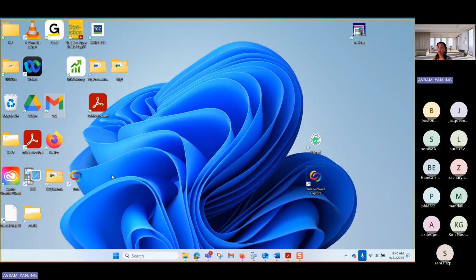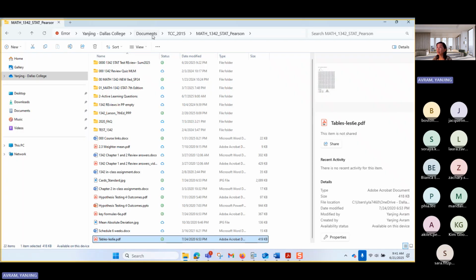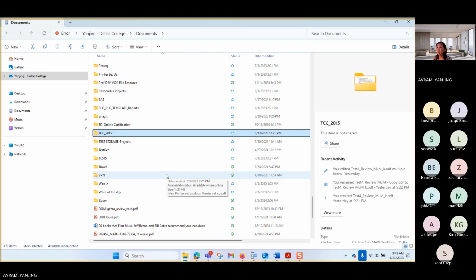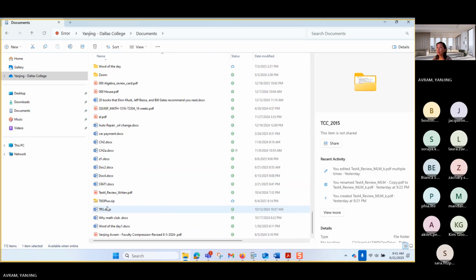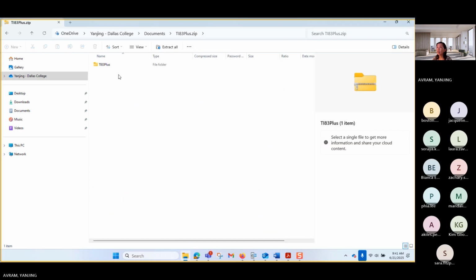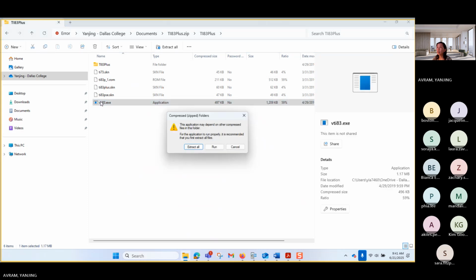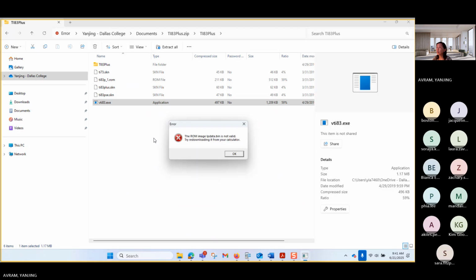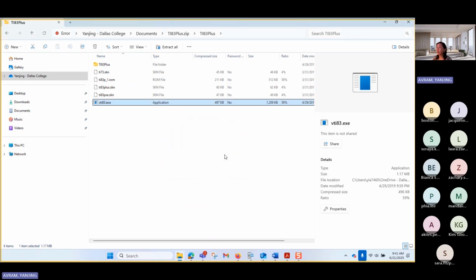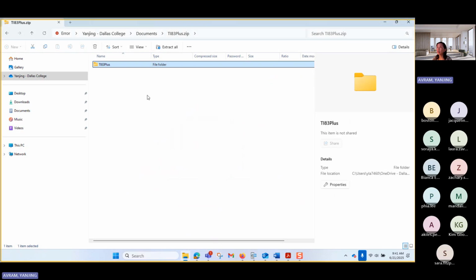Where's my older version of the calculator? Hold on, I didn't unzip that one.